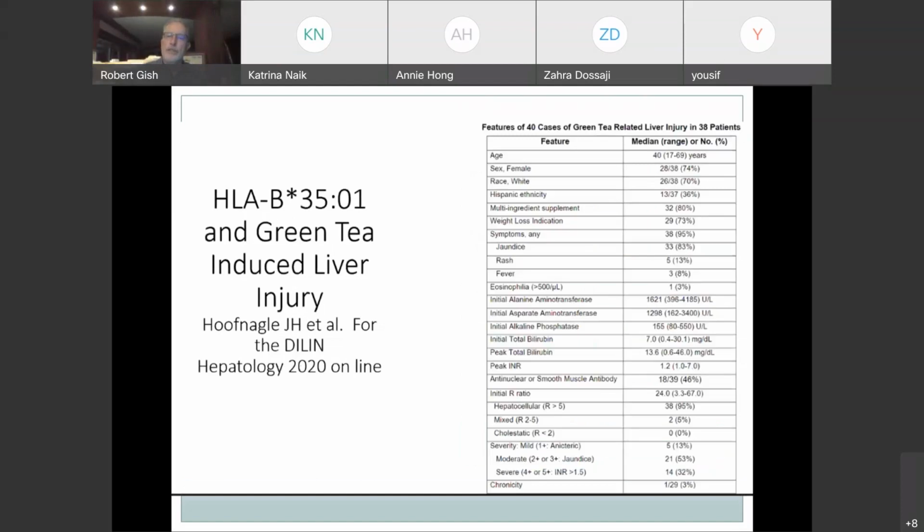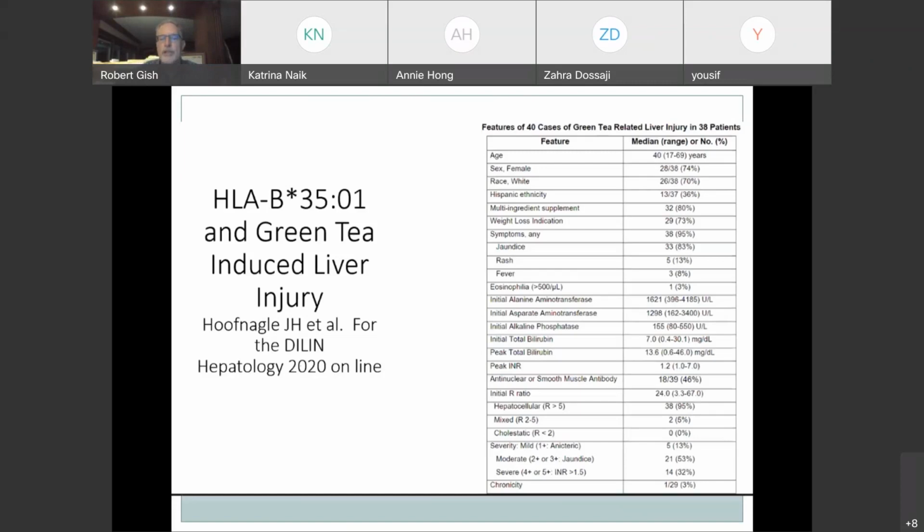This gives you more details. What's important on here is I always like looking at the numbers. So this green tea, that's green tea powder, green tea extract. It's not just the tea that you're going to get out of your cabinet in the morning or find at a Chinese restaurant. Look at the enzyme numbers here, 1,600 for ALT, and ALT is higher than AST, and the ALK phos has barely budged. Peak bili, though, quite significant at almost 14.